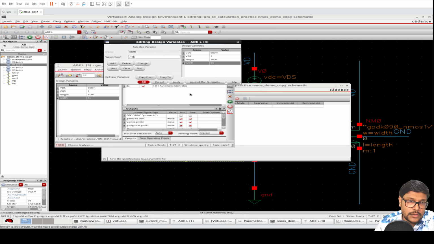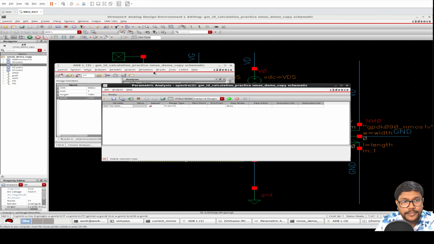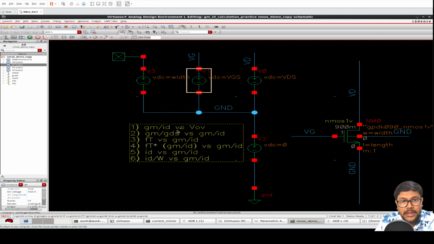So I'm putting the minimum width, 120 nano, and I'll run for all of these. You can see gm/ID versus V overdrive, gm/gds versus gm/ID, and fT versus gm/ID; I will plot all of these.